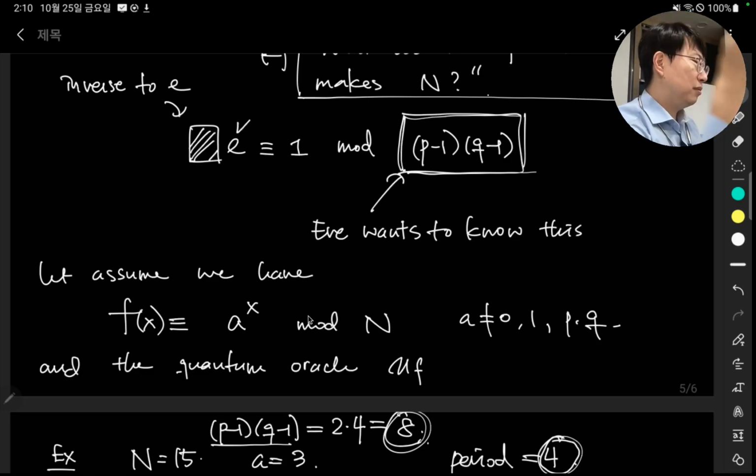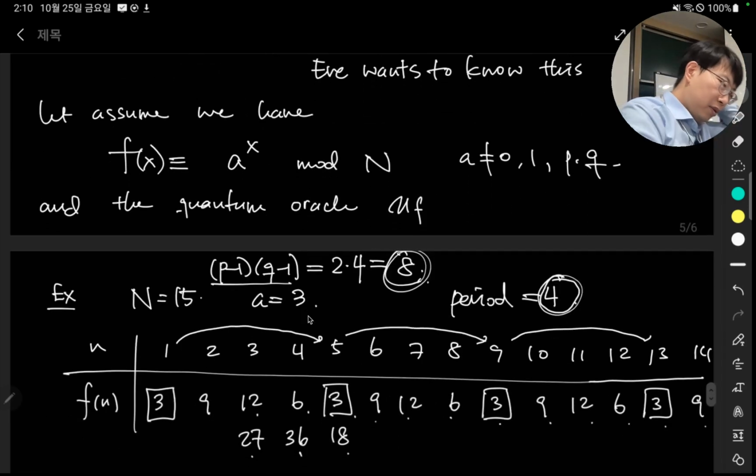You can choose any number between 2 and n, and the chance that it's a factor of n is really low because n is a multiple of big primes. So yeah, I'm sorry, I shouldn't choose this 3.